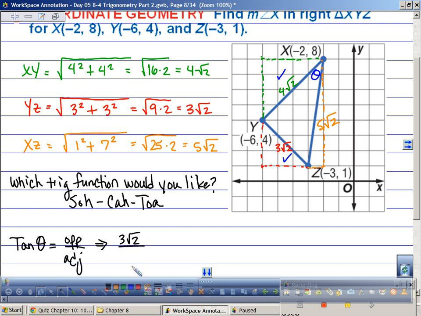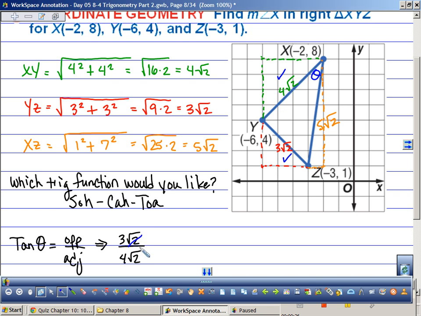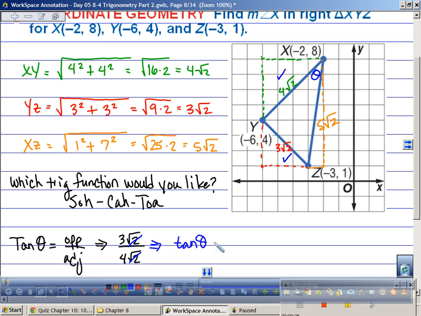And my adjacent side is 4 root 2. Well, that makes it nice, because these cancel. So finally, I know the tangent of theta equals 3/4.